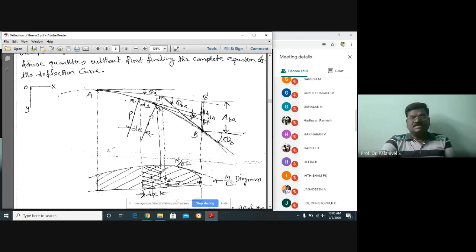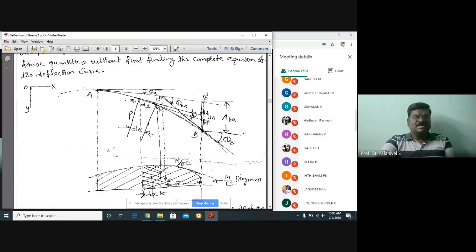This is normal to M1, this is normal to M2. The angle between them is d theta. Therefore, the angle between their perpendiculars is d theta. Perpendiculars are nothing but the tangent at M1 and the tangent at M2. The angle between them is d theta. Okay, that is one thing.